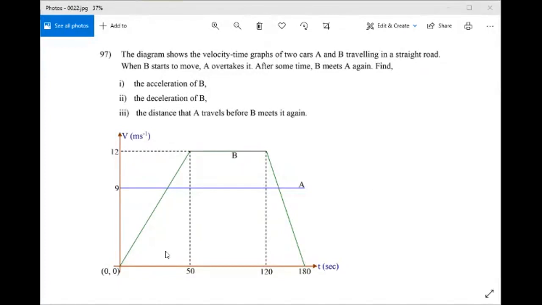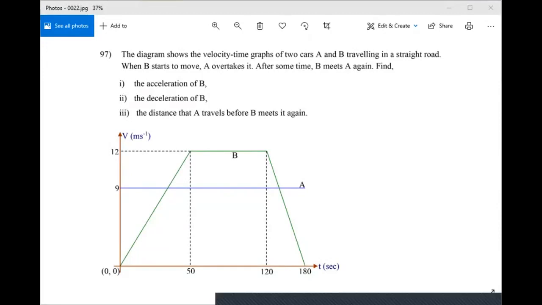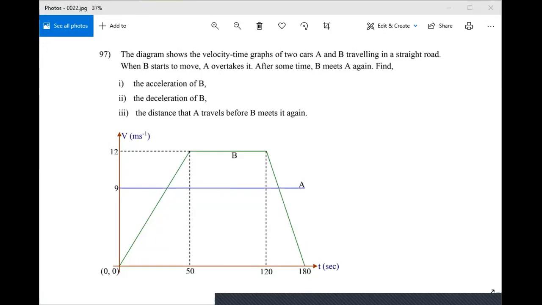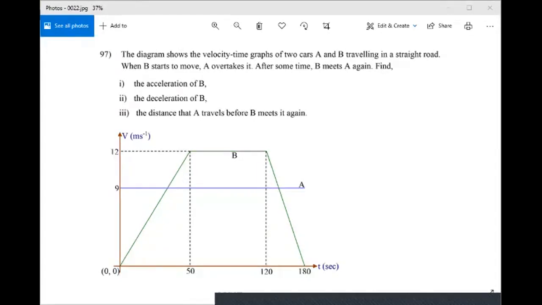So what are the things they have given? B accelerates for a period of 50 seconds. It reaches a velocity of 12. After that, it has a constant velocity of 12, decelerates and comes to rest. A travels with a constant velocity of 9 meters per second. That's the meaning, right? Okay, let me use my normal whiteboard.